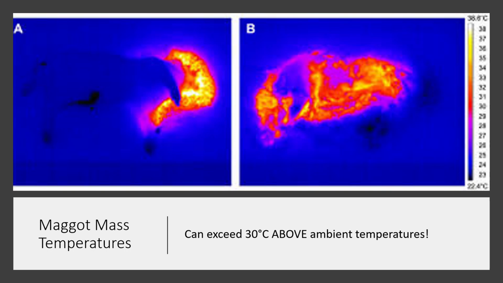So understanding that they can sustain their own temperature means that we need to take steps to mitigate that if we're going to start taking evidence into places, even if we think cold storage is going to help. It doesn't.